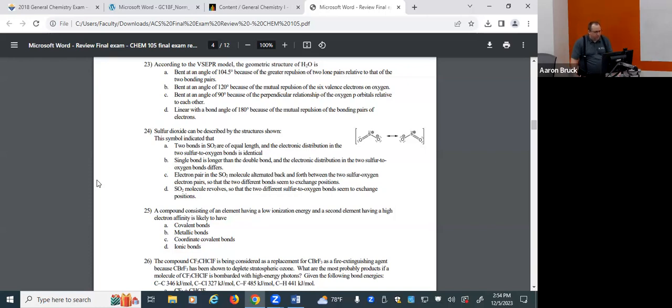Letter C, the electron pair in the sulfur dioxide molecule alternates back and forth between the two sulfur oxygen electron pairs so that the different bonds seem to exchange positions. Okay? That's not true either. Because what that is saying is that the electrons are literally moving. They are hopping.